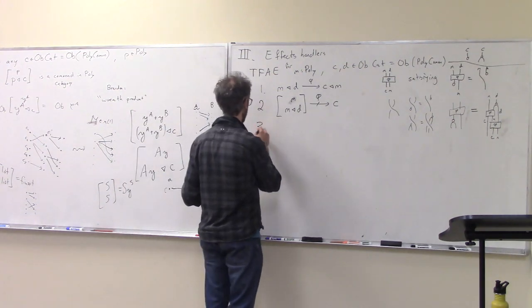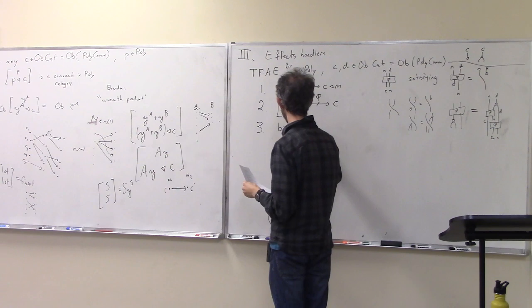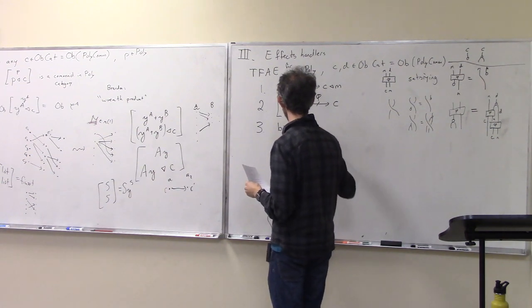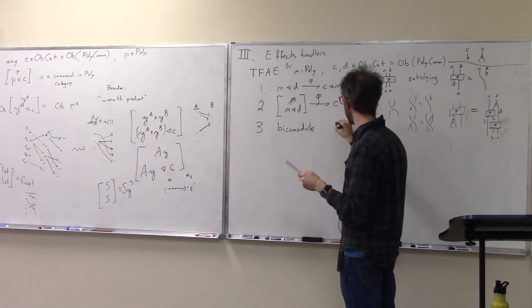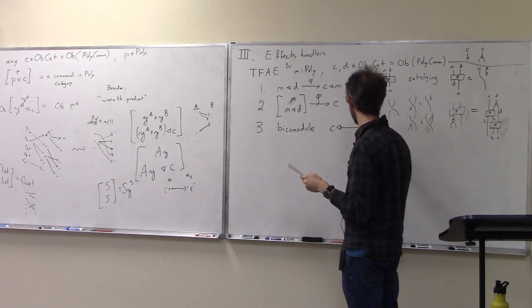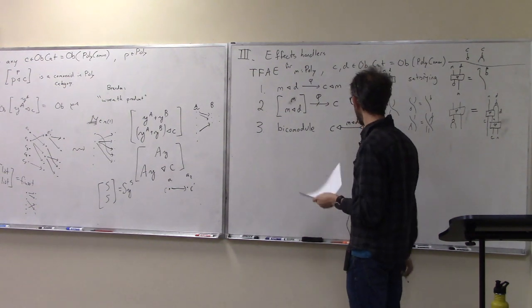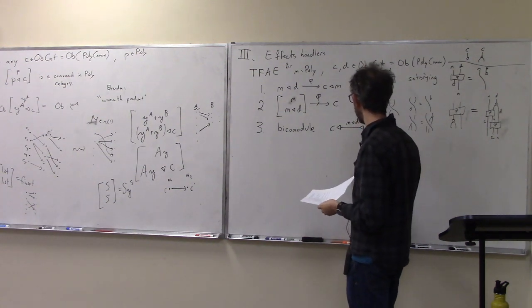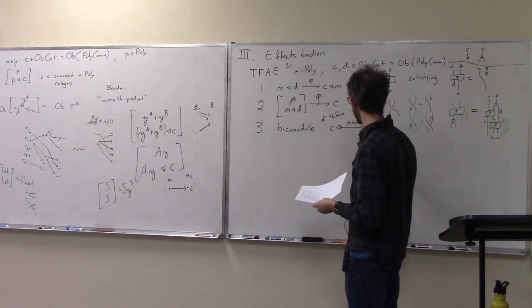Okay, and then 3, a bicomodule. Well, maybe I should do more than 3 so that you can know what a bicomodule is if you don't already, of the form C, D, M compose D. When I say this, it's slightly lying.